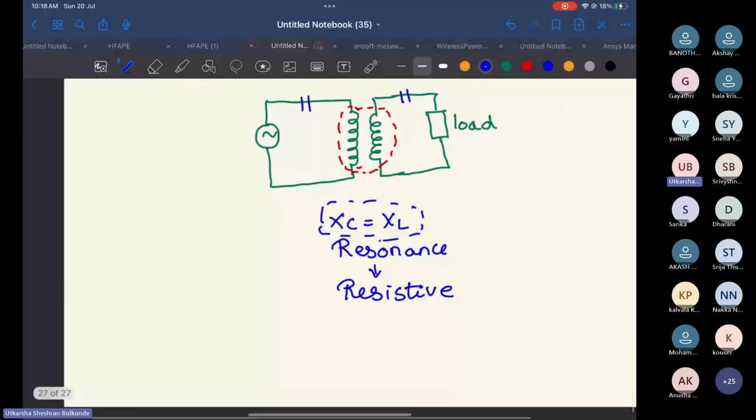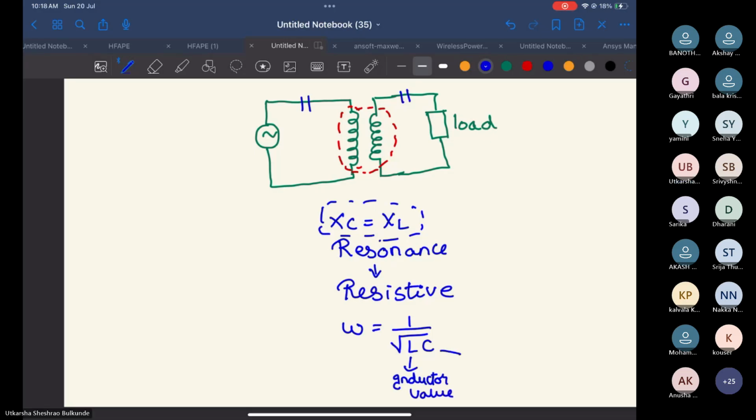Now for your circuit to operate at resonance, the condition on your frequency involves this inductor value and this capacitor value. So understood why you want your wireless power circuit to operate at resonance?